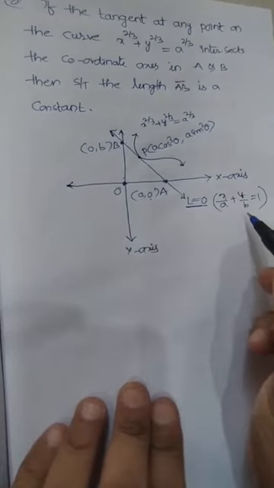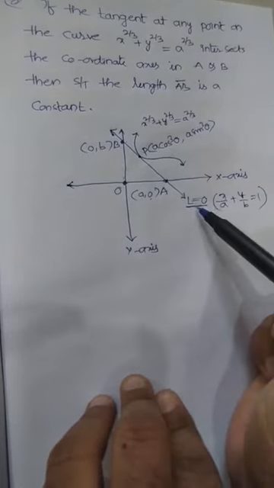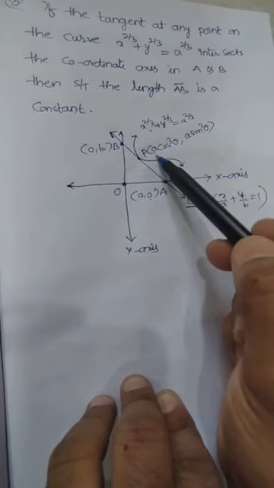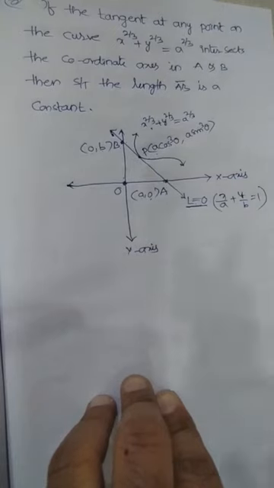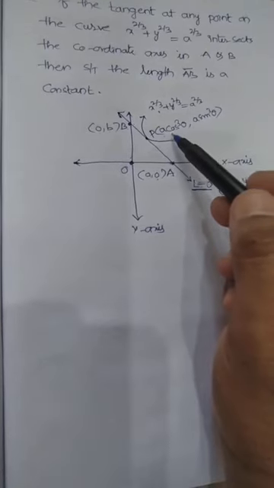This is the intercept form. So we are going to find the tangent line L = 0 to the given curve at this particular point in intercept form.